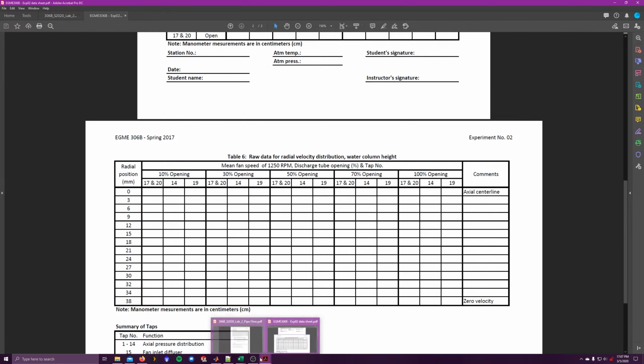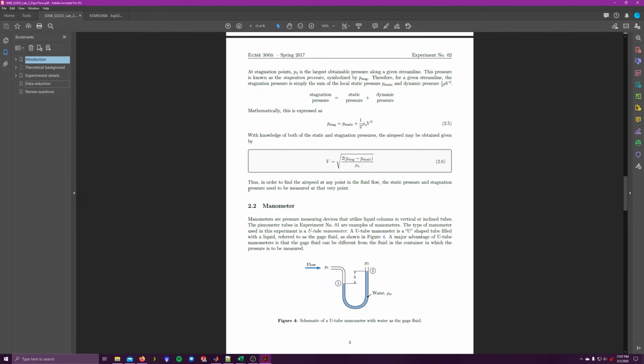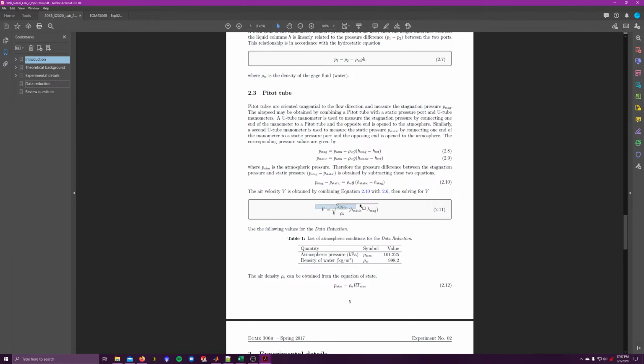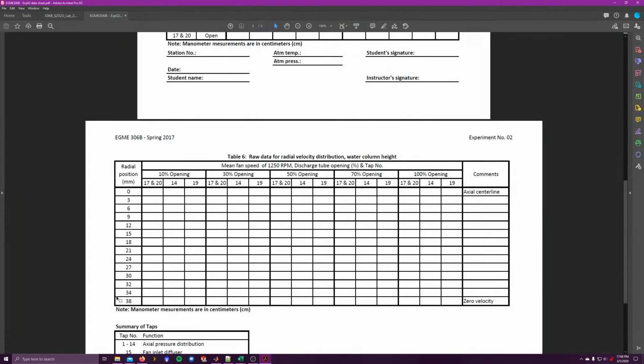Okay, so we want to find the velocity using this pitot tube. And for that, we used equation 2.11 right here. So we're just going to plug that into Matlab, which I did here. And then I'm specifying that V14 is 0. So on the spreadsheet, that's this 14th row.